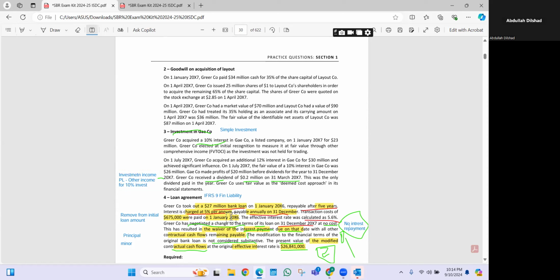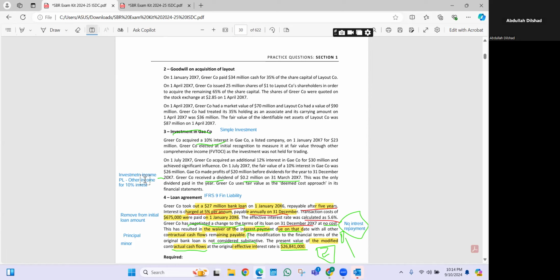If you mention this, you get 1 mark. Simply tell them where you need to show this investment income. Dividends are a form of income, and you need to tell them where you are going to show this.